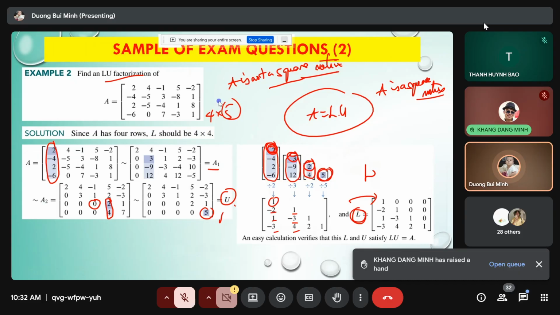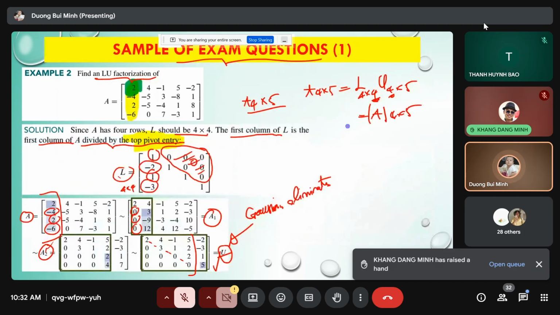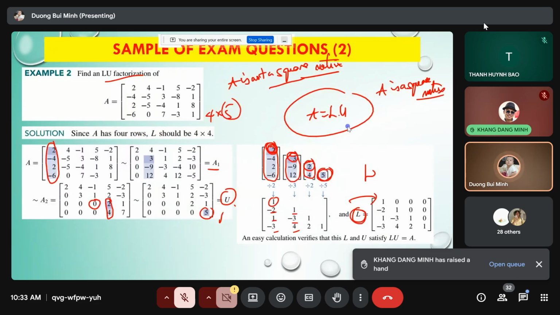Then we don't need to apply factorization of A, just this one for expansion. We can follow this method to factorize a matrix A that is not a square matrix.